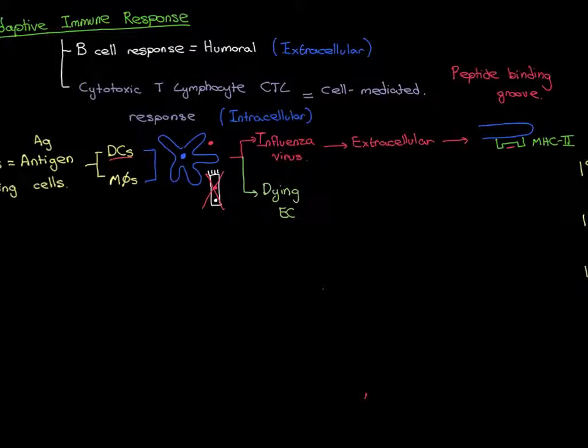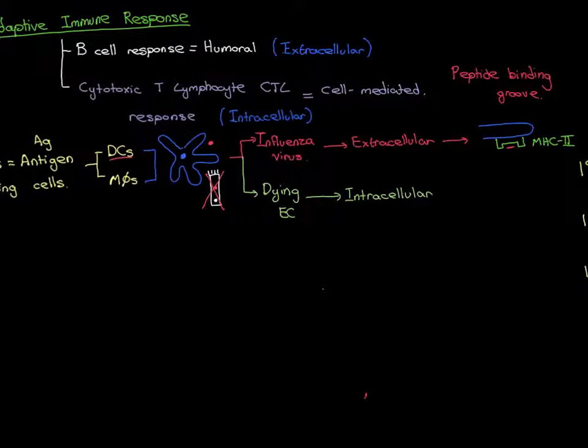Excuse me. So it's going to cut up all the influenza virus antigens, and it's now going to try and initiate an intracellular adaptive immune response, i.e. a cytotoxic T lymphocyte response.